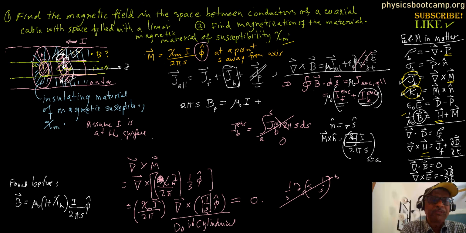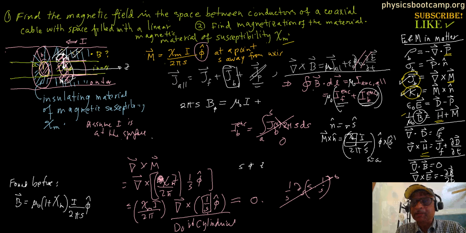I'm at the surface a, and I have phi hat cross s hat. If you have s, phi, z in a circle, then with minus s hat, that just gives z hat. So this gives this stuff times z hat.